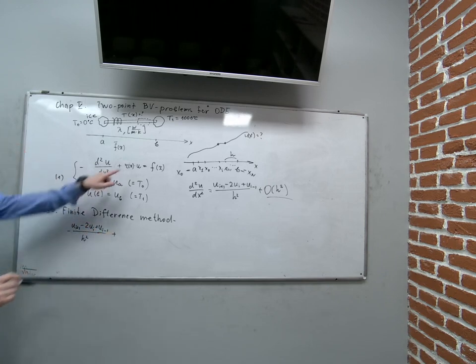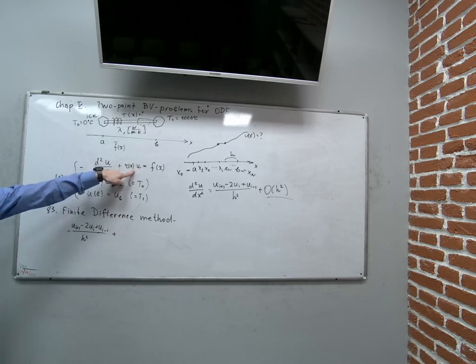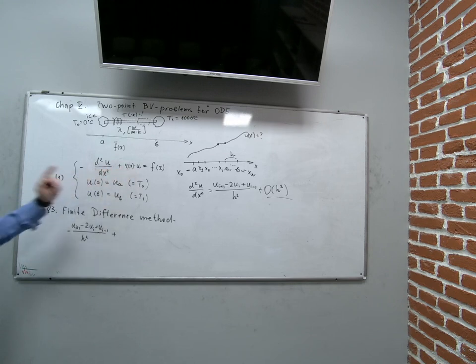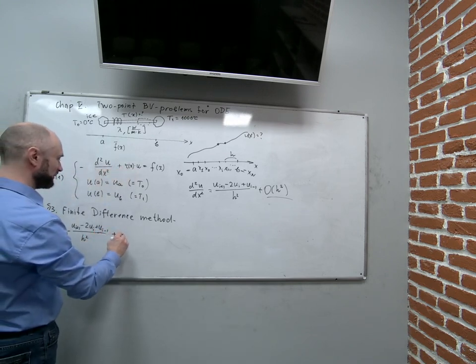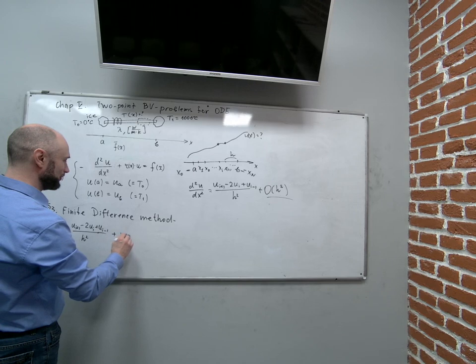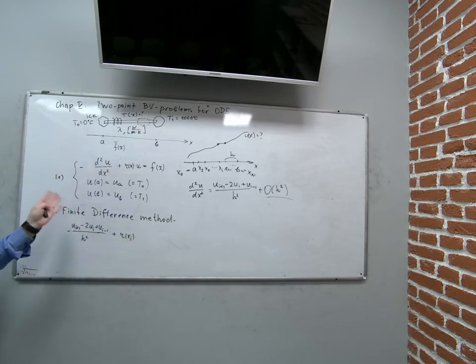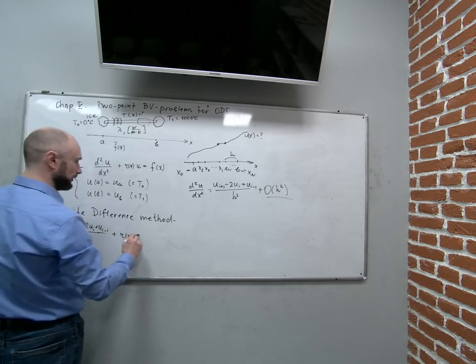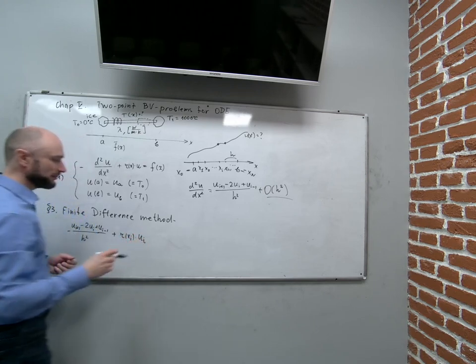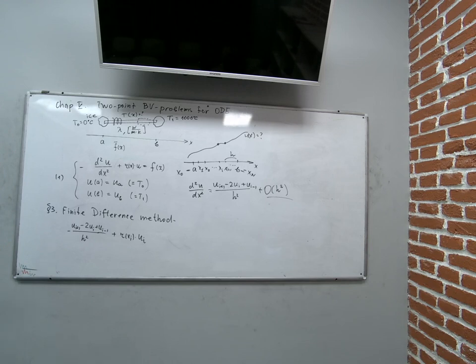So, how do we approximate this term? The question arises, how do we approximate this term? The easiest or the simplest approach is to take it at the same point where we approximate the derivative. We can do something else if we have reasons for that.